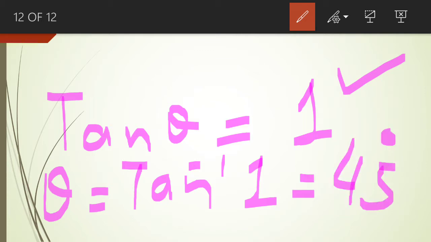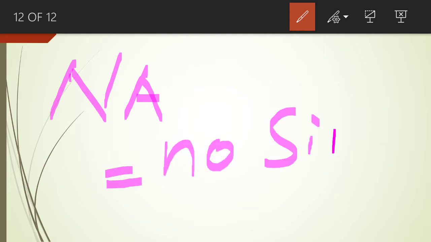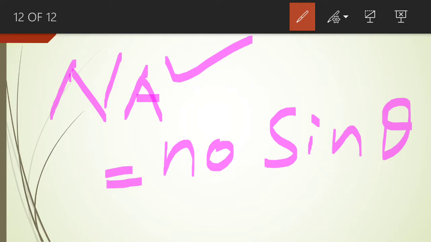So the maximum acceptance angle of the photodetector is 45 degree. So let us find out the numerical aperture of the receiver. The numerical aperture of the receiver will be equal to n naught into sine of theta. So we can calculate the numerical aperture of this photodetector with the help of this particular equation.